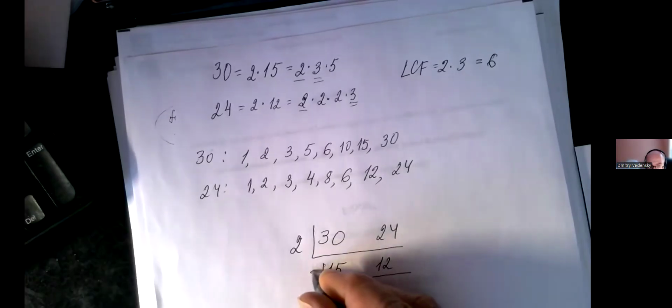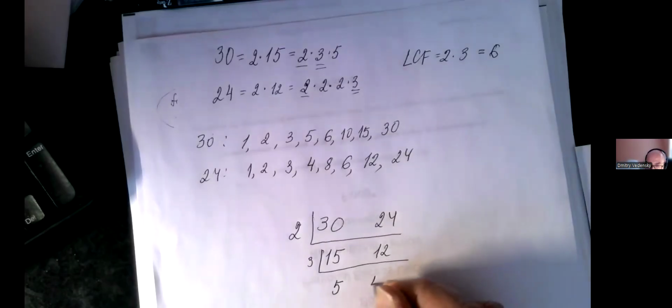We ignore 1 here. And so let's divide both numbers by 2. What we'll get is 15 and 12. Look, do these numbers have any common factor greater than 1? Oh yes, they are both divisible by 3. So let's divide by 3.